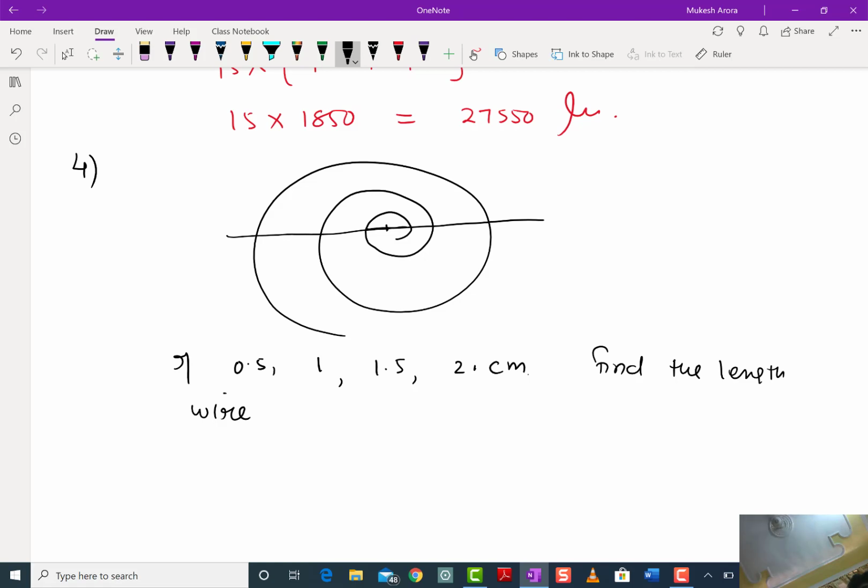The spiral is made up of 13 semicircles. Find the length of the spiral.